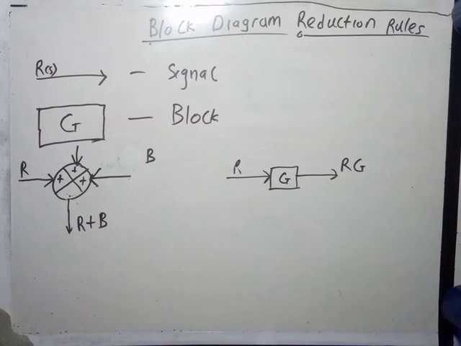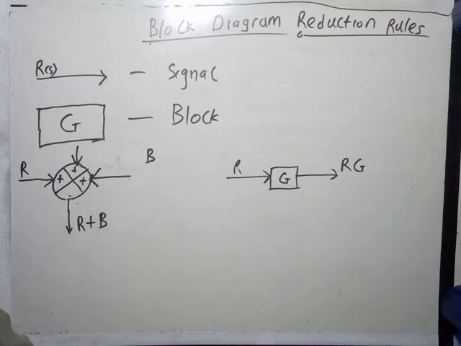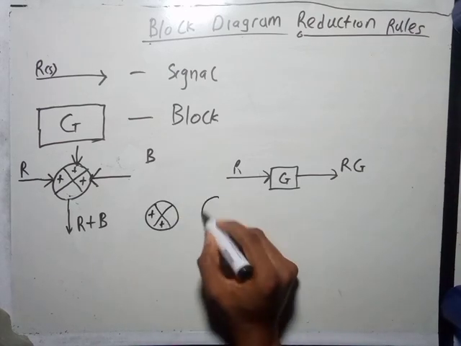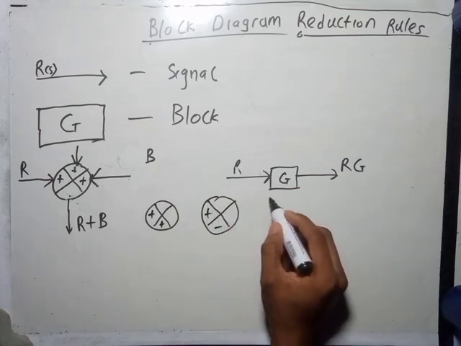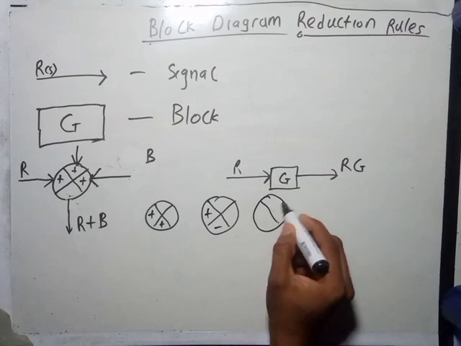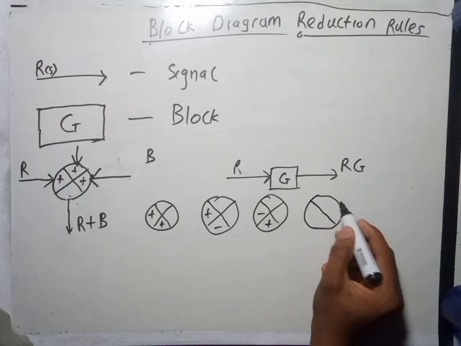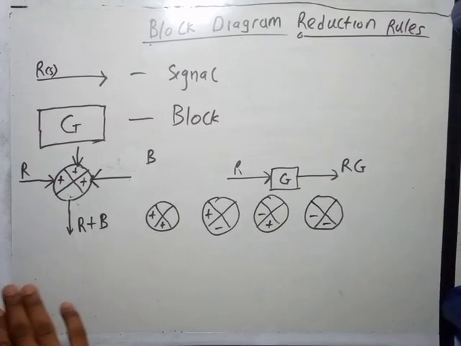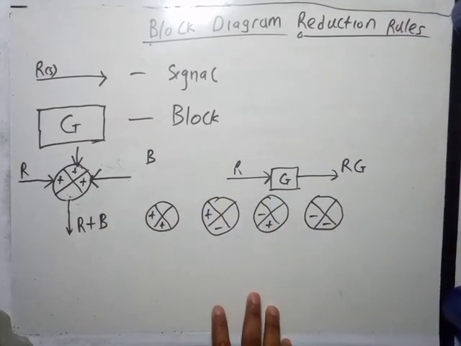Now your summing points can be plus plus, plus minus, or minus plus. It can be plus or minus, that's what I'm trying to say. It can be what? Plus or what? Minus. So it doesn't matter the configuration or the way it is represented.